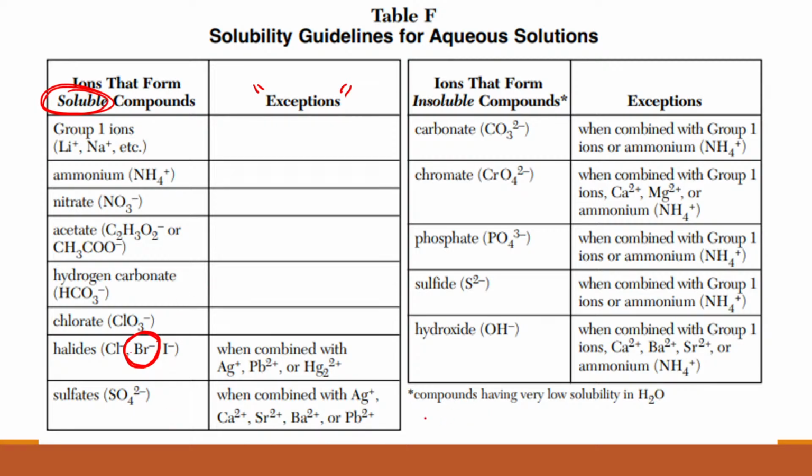If I have iron bromide, I normally have a soluble compound when I pair things up with bromine. Right? Bromine is soluble almost always. There are exceptions. Iron is not one of those exceptions. So this pair is soluble.